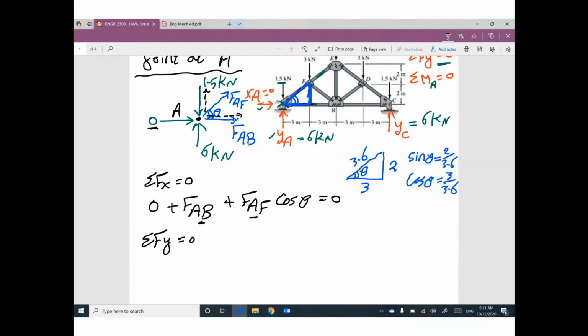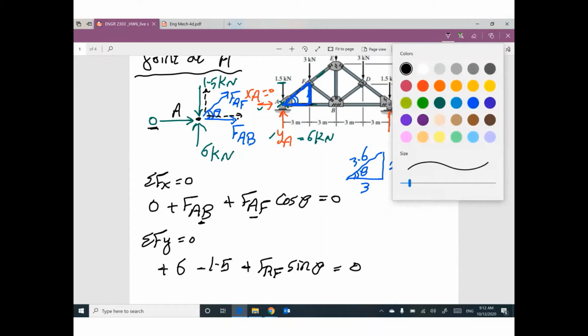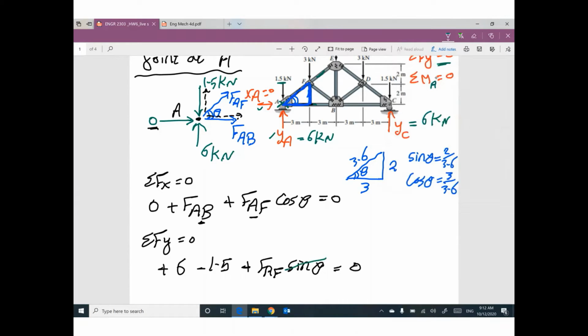We have positive 6, negative 1.5, and positive FAF sine theta equals 0. Guys, sine theta as a whole value is 2 divided by 3.6. The only unknown in this equation is FAF. It will be negative. Please be careful about your signs. Sign is critical.